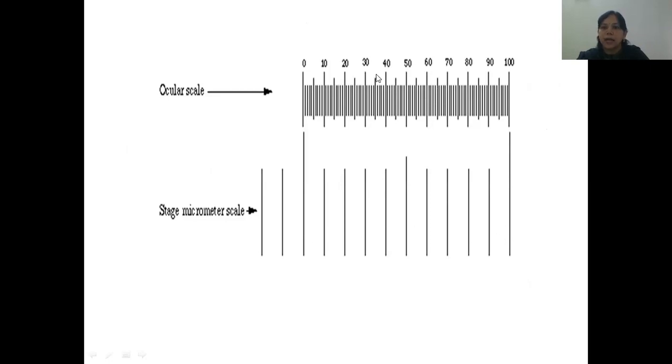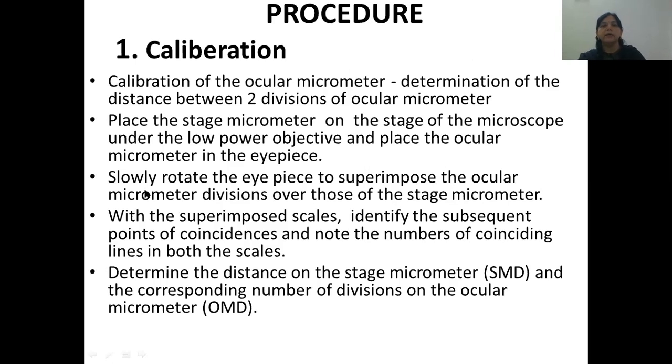As you rotate the eyepiece, the ocular scale will come closer to the stage scale, because you should not touch the stage micrometer or it will go out of focus. Slowly rotate the eyepiece to superimpose, or bring very close, the ocular micrometer divisions over those of the stage micrometer.